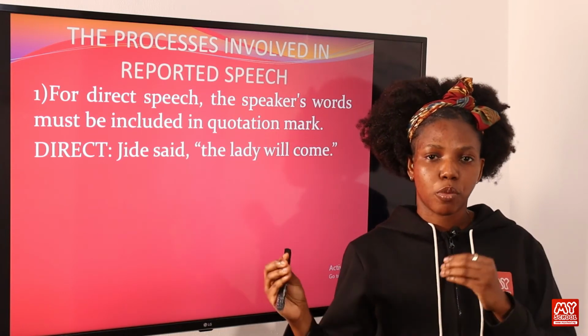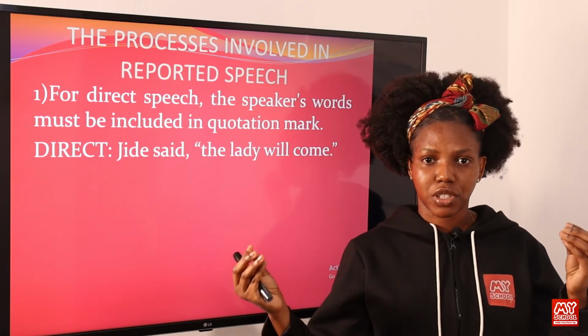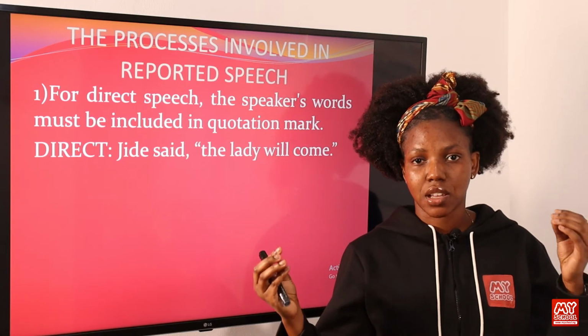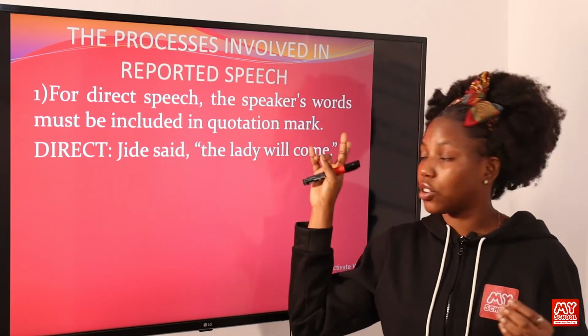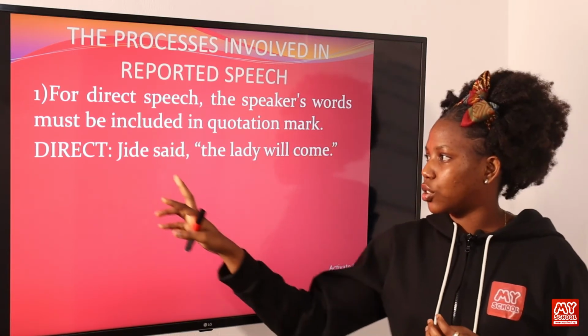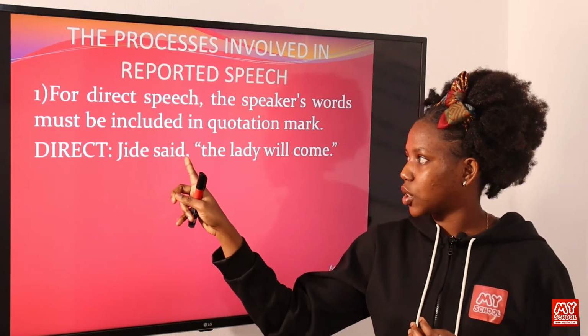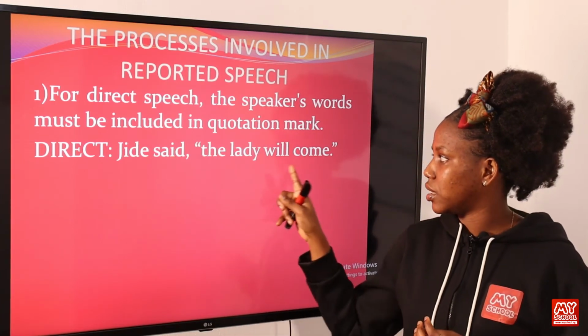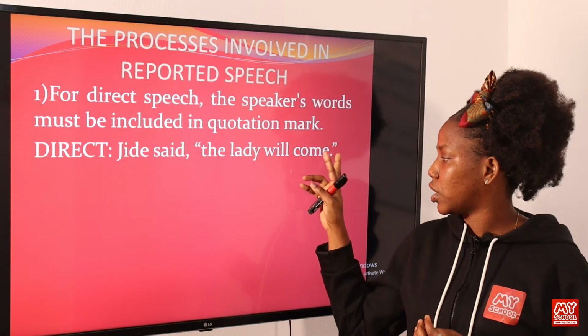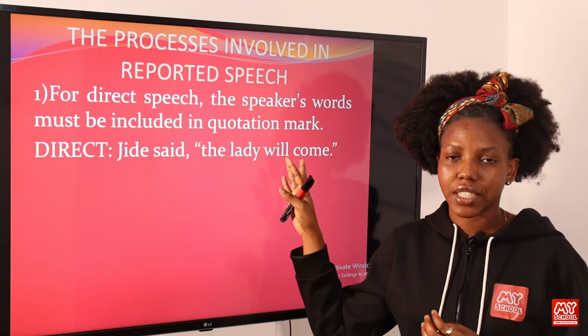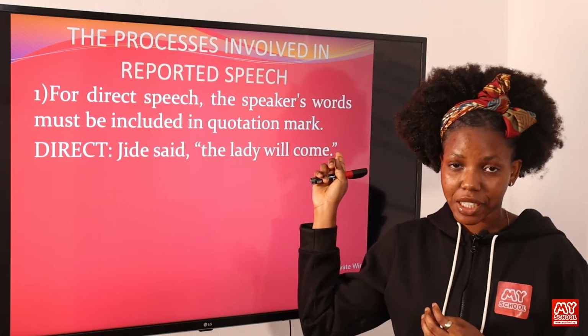You're seeing a paired comma. One is useless without the other, so it has to be the two sides. Okay, so you have one here and the other here. So you have Jide said, comma, the expression, and then the full stop, all contained in quotation mark.